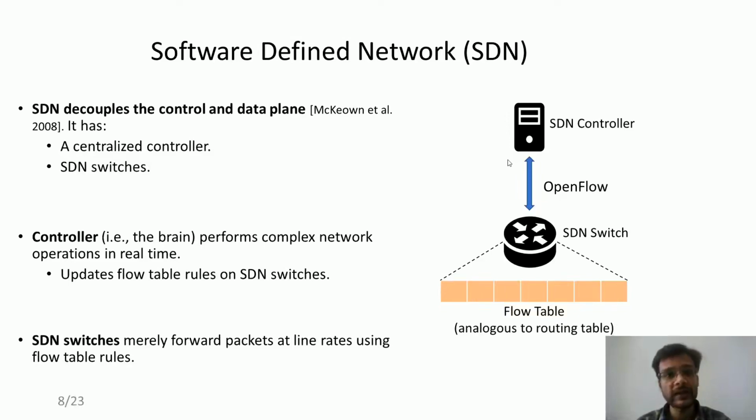The SDN switch, on the other hand, is only given the task of forwarding the flows at line rates, and this it does by matching the flows based on the flow tables. These flow tables are analogous to routing tables. Moreover, the controller exercises its control over the network by updating these flow tables in the SDN switches.